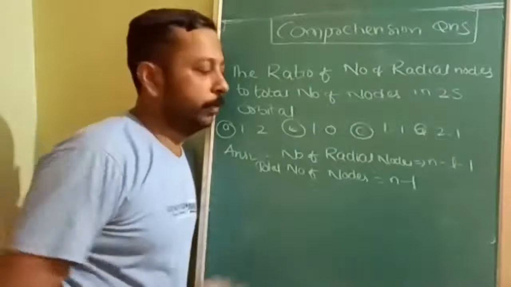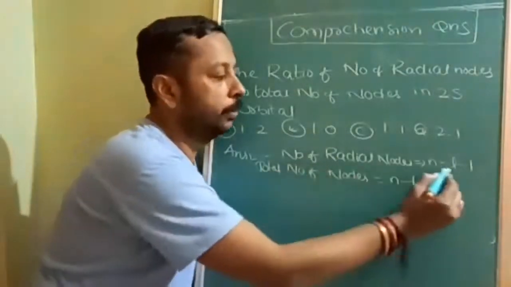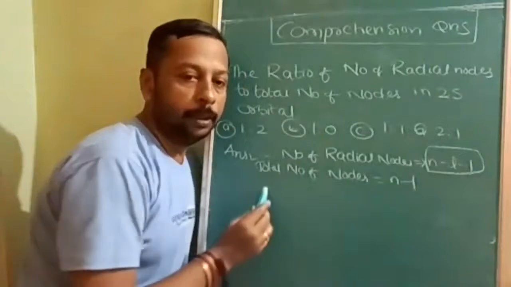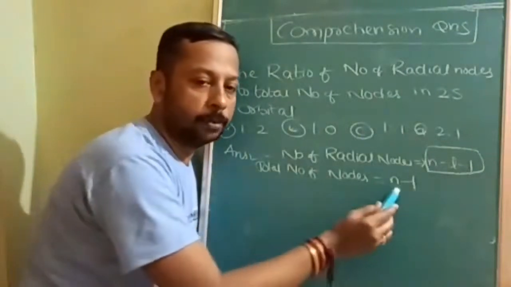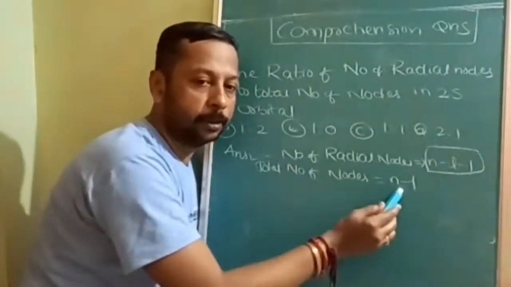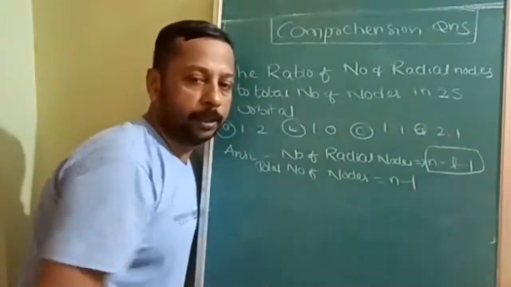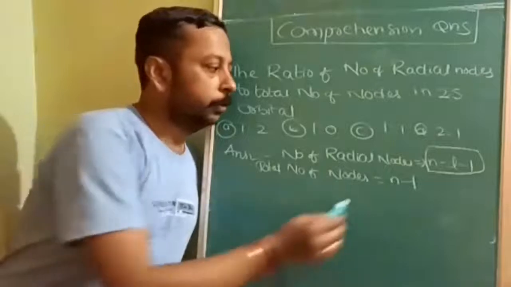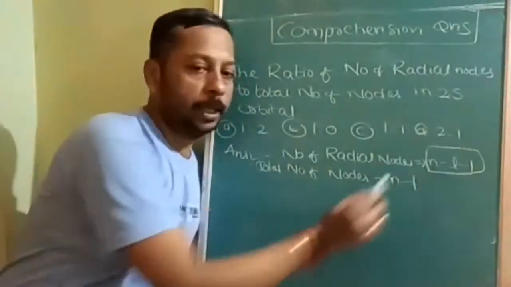The formula for the number of radial nodes is n minus L minus 1. The total number of nodes will be n minus 1. When you subtract these, you will get the planar nodes, so planar nodes will be simply L. Is it understood?